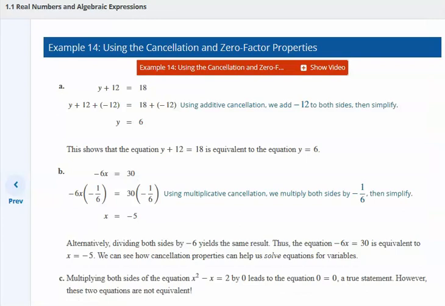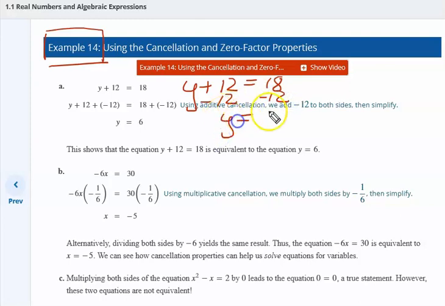Now, reviewing these background items in example 14. This is a simple equation. Y plus 12 equals 18. If we want to isolate the y, what do we add to a 12 to make it a 0? Well, it's additive inverse, so negative 12 to this side, negative 12 to that side, and we get y equals 6.